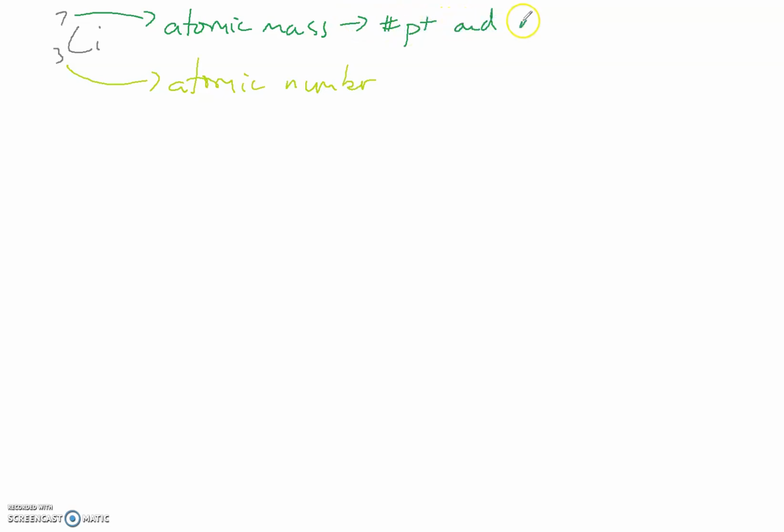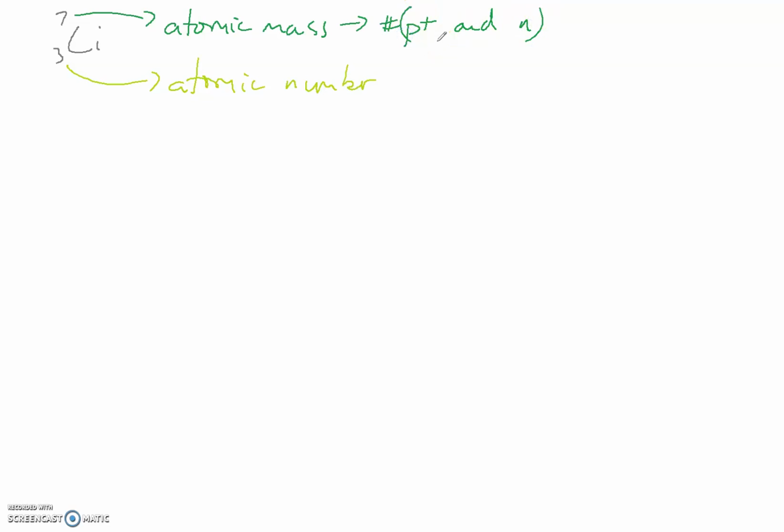So of course the top number here is your atomic mass, and the one below it is your atomic number. If we go back to what these things actually represent, the atomic mass tells you the number of protons and the number of neutrons put together.